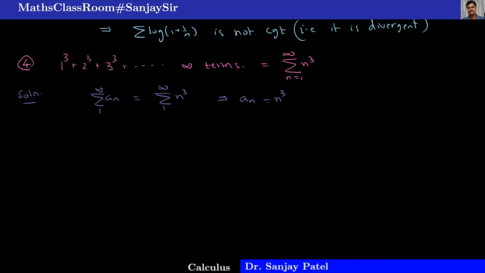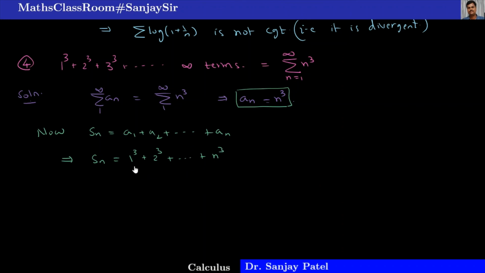Now, Sn means a1 plus a2 plus a3 up to an, the sum of the first n terms of this series. And that implies Sn is given by, say, 1 cube, a2 is 2 cube, because of this formula an is equal to n cube. Putting n equal to 1, 2, 3 and so on, you will get all these terms. And the last term is n cube.